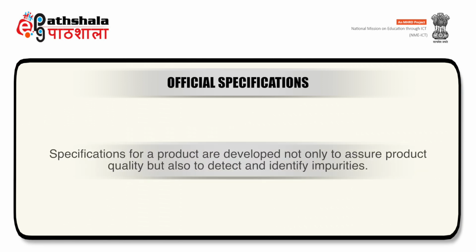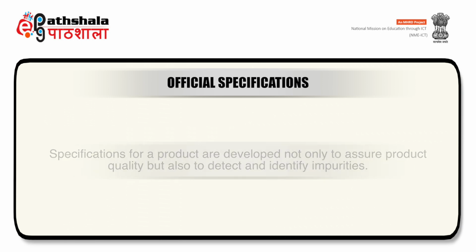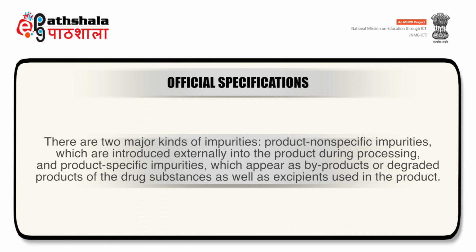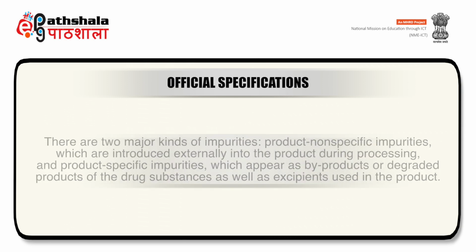Specifications for a product are developed not only to assure product quality but also to detect and identify impurities. There are two major kinds of impurities. First kind is product non-specific impurities, which are introduced externally into the product during processing, and the second kind, product specific impurities, which appear as byproducts or degraded products of the drug substances as well as excipients used in the product.